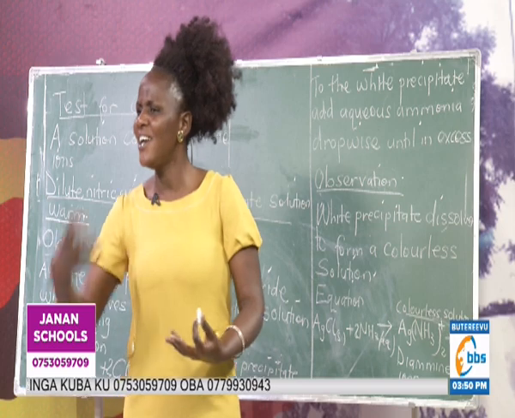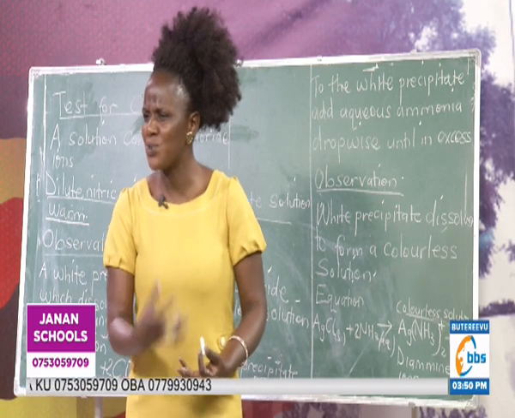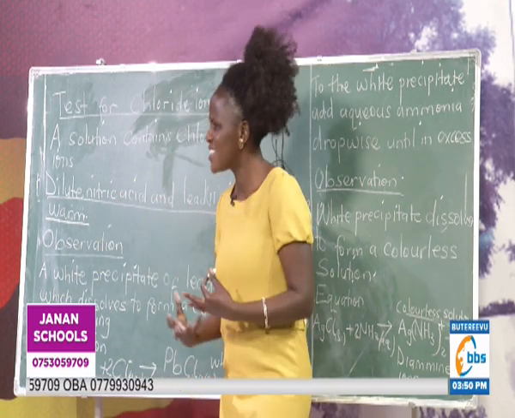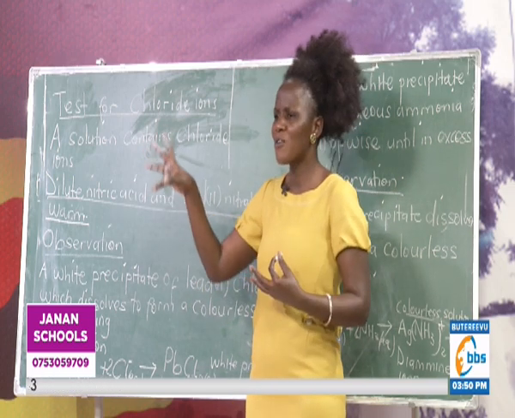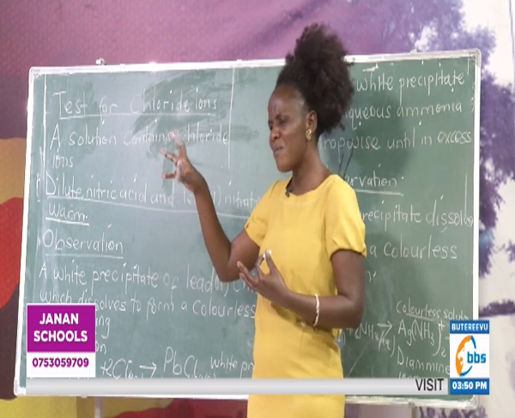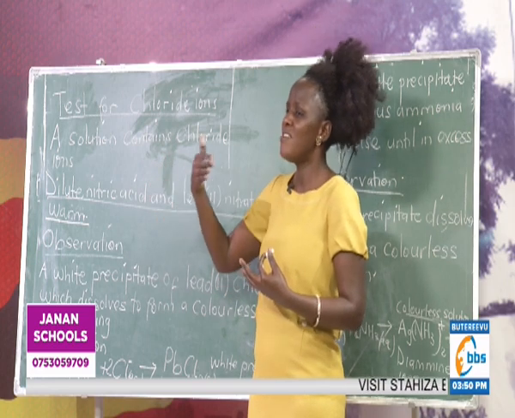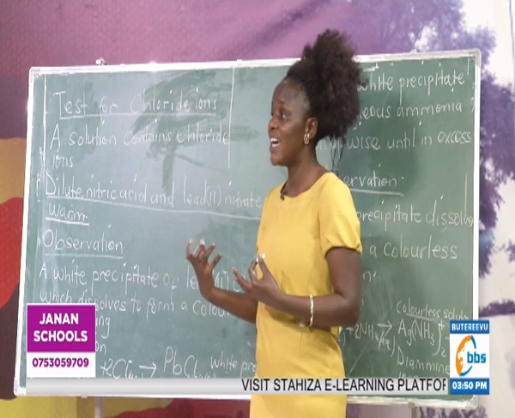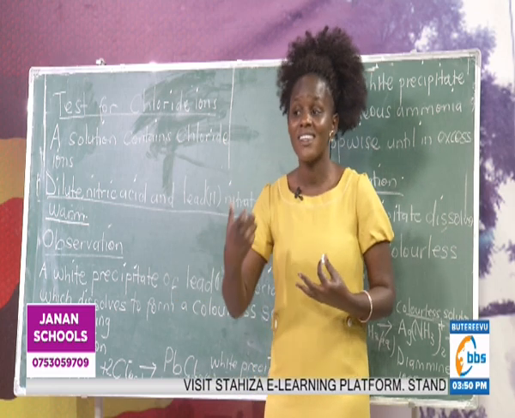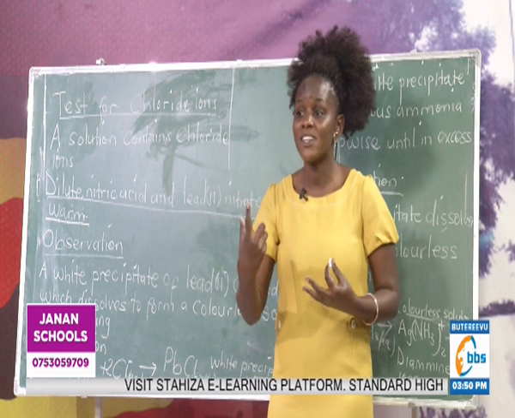And if it has come in paper 2 and they're saying, briefly write how you would test that a solution contains chloride ions, please show the examiner that you know. How are you going to show the examiner that you know?